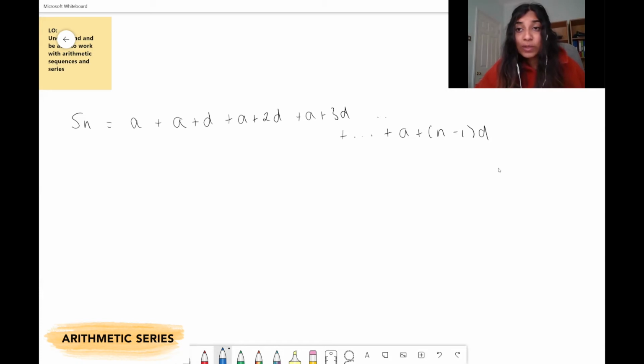This was just the formula we got last time. So it'll go up to whatever n is. And then we can also rewrite this with L, which is equal to the last term in the sequence.